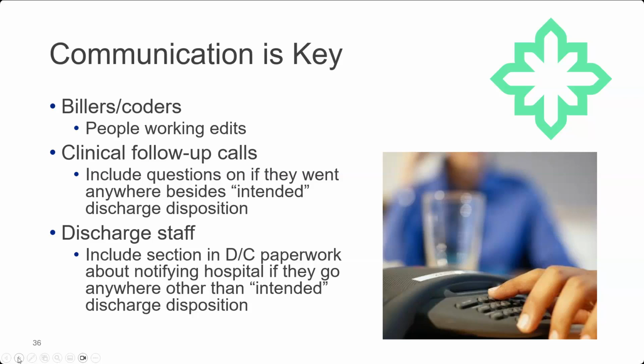So those are some of the context clues that you can look at to say, yes, this person is going for a Part A skilled stay as opposed to an intermediate care facility. If, for instance, the patient did not even have a 3-day qualifying hospital stay, then they can't go to a Part A skilled service in a nursing facility, otherwise known as a SNF Part A stay.